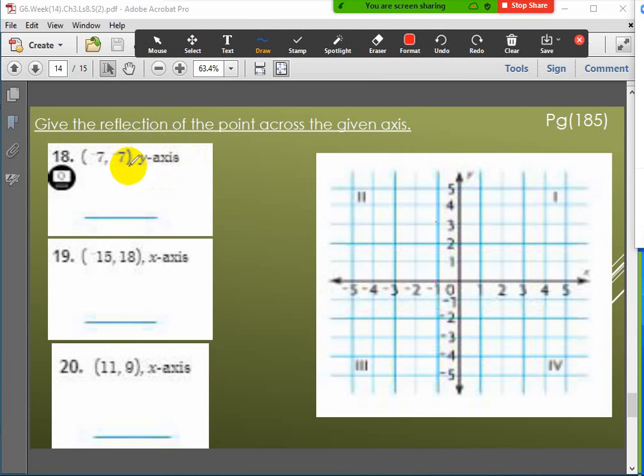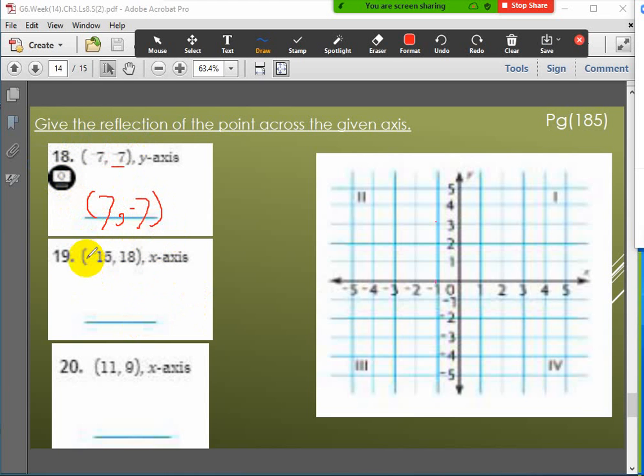I want the reflection for this point on the y-axis. When I have the reflection on the y, that means the y will be the same, negative 7. What about the x? The x will be the opposite. What is the opposite of negative 7? It's 7. The same number with the opposite sign. That means this is the point that is a reflection of this point across the y-axis.